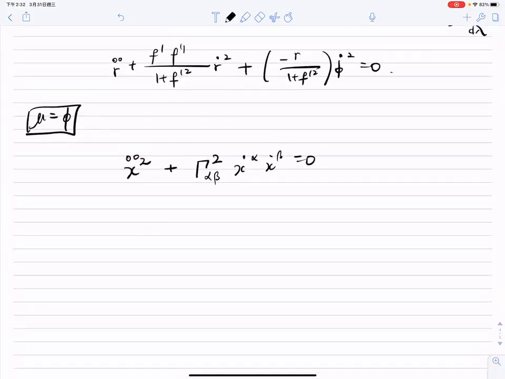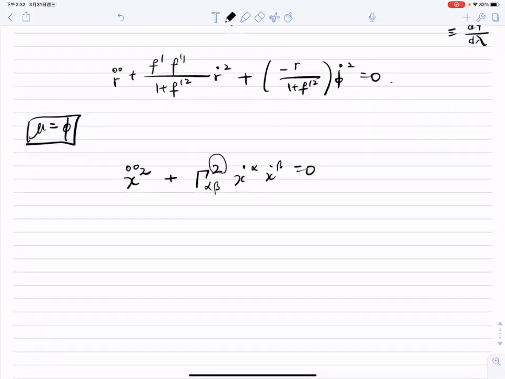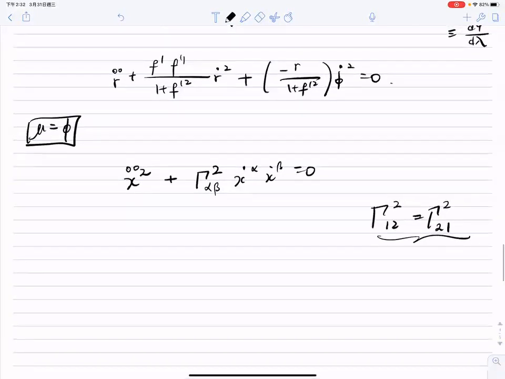What do we have as the non-zero component of the Christoffel symbol with mu equal to 2? We only have big Gamma 2, 1, 2, and also it is a symmetric tensor, so it has these two terms.